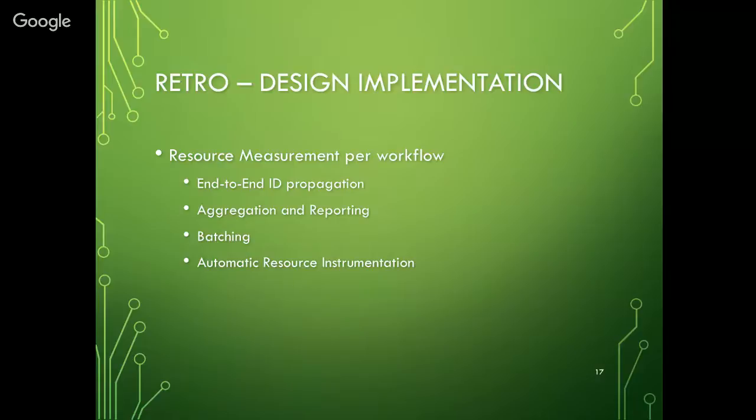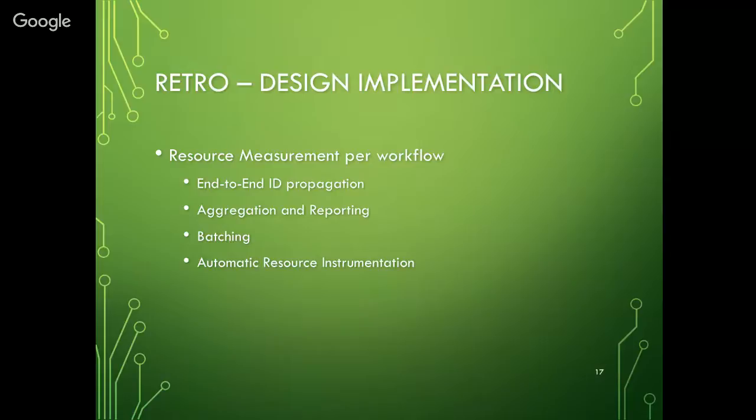For example, such as putting together the resources consumed when writing HBase transaction logs to HDFS. That will be an example. Also, automatic resource instrumentation. AspectJ is actually used to automatically instrument all hardware resources as well as the resources exposed through the Java standard library.